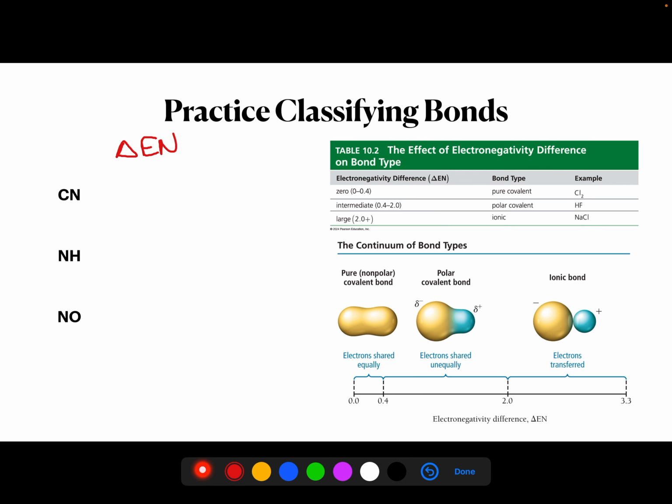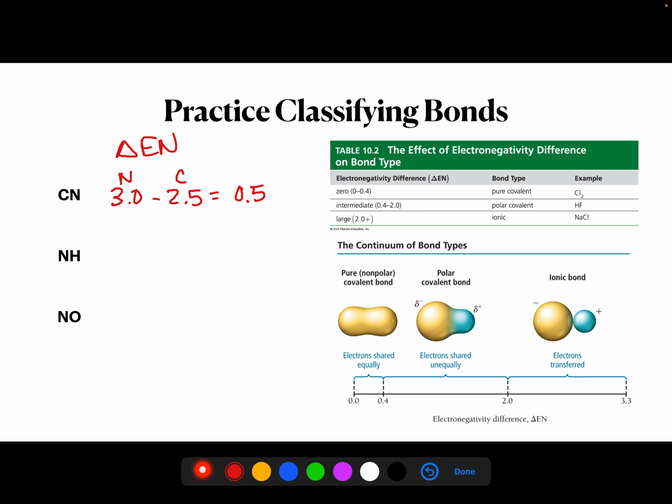And we'll put the larger number first, because it's kind of an absolute value difference in the end. So if nitrogen has an electronegativity value of 3 and carbon has an electronegativity value of 2.5, then our electronegativity difference is 0.5.